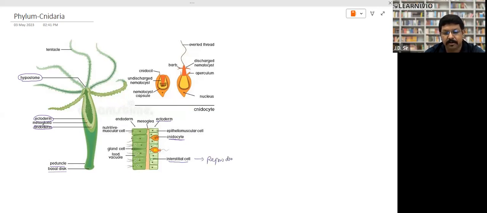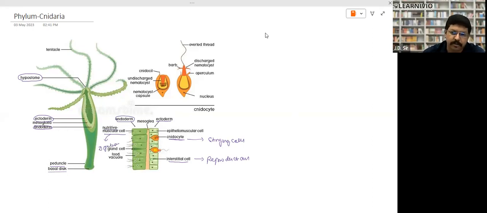They help in reproduction, right? And the inner layer is made up of nutritive muscular cells. These nutritive muscular cells, which are made up of endoderm, help in the digestion of food. That's how the digestion is done, right?